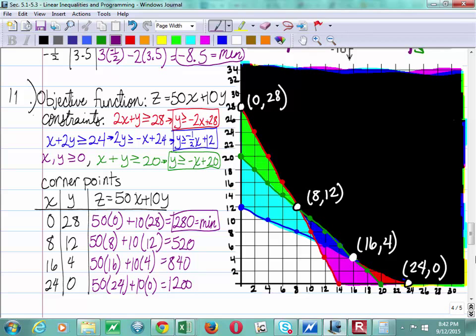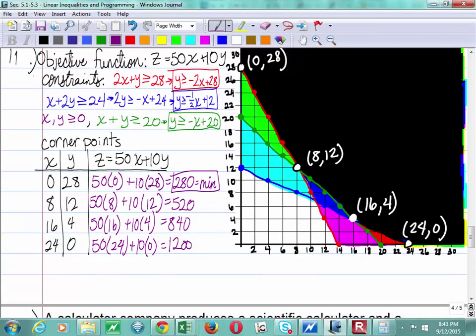So all these points over here are all part of the feasible region, and (26, 0) would obviously have a larger value because you'd be doing 50 times 26, and that'd give you an even bigger one. And you can just keep going, 28, 30, forever. So you can just keep getting bigger and bigger values. So there's actually no max.